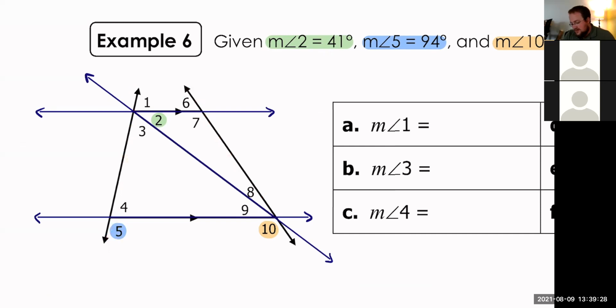What throws us off is the 3rd transversal actually intersects the other 2 transversals, which makes our measurements kind of jumbled. So what I'm going to suggest is we work our way through here, finding what we can, where we can.